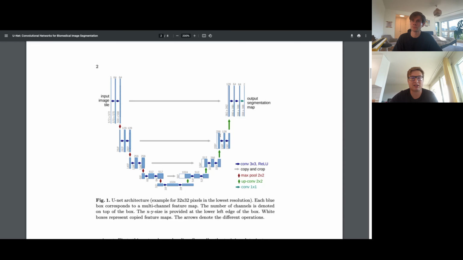It applies a certain number of blocks of this downscaling, then it has some encoding of the image in the end, and then it does the reverse: getting from a lot of information per pixel in this encoding to hopefully an output picture or output flow prediction that has the same dimension as the input image.